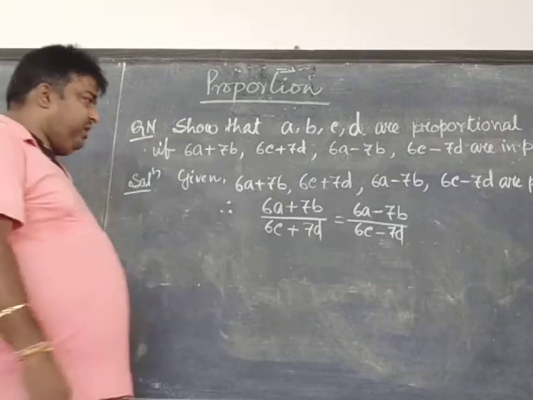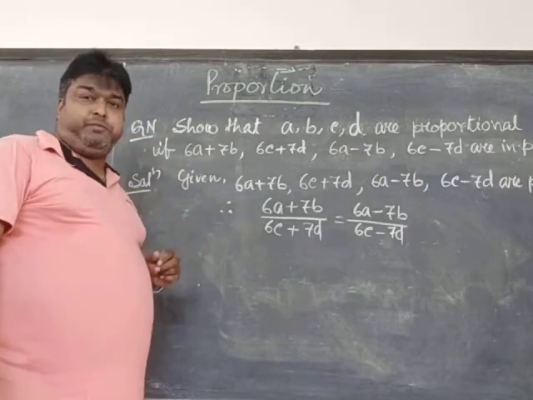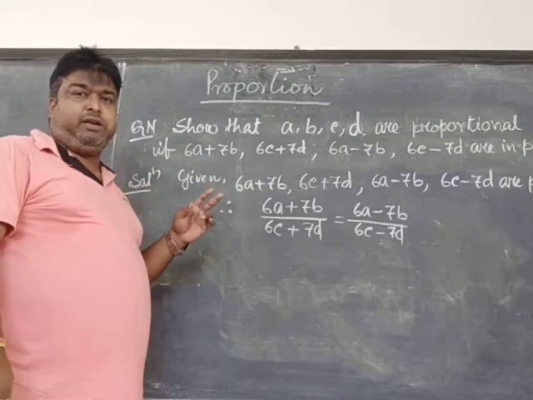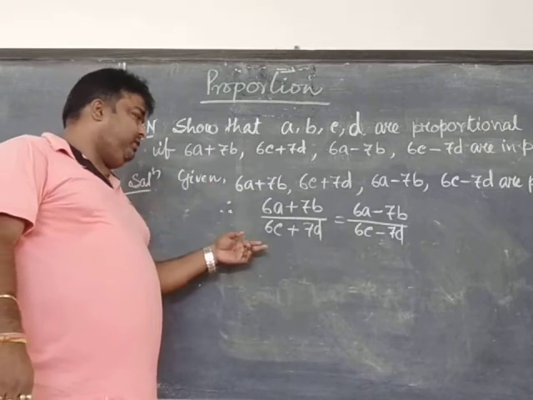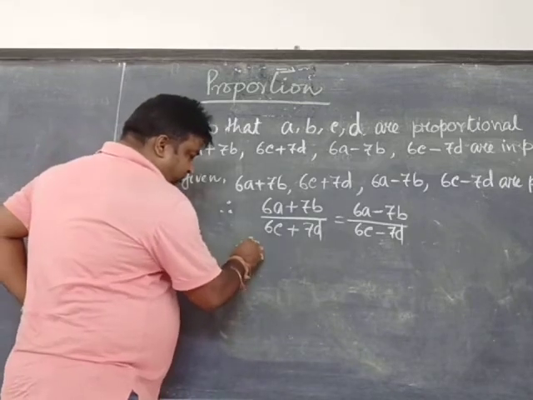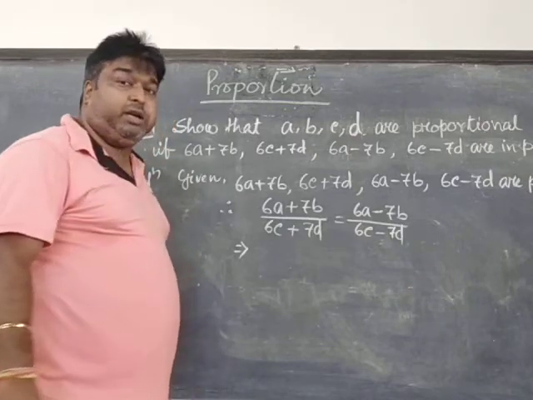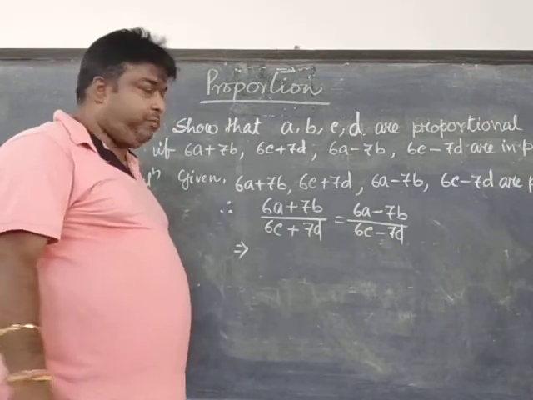So now here we are going to use the property. The property is what we have learned that we are going to use here. So first of all, we will use the property alternando here. Alternando is what?